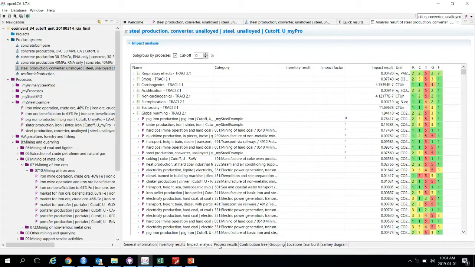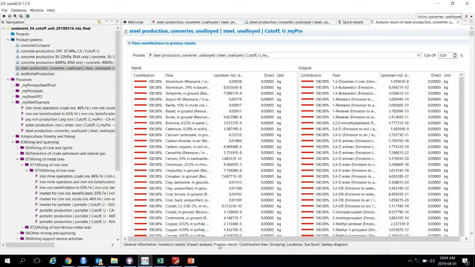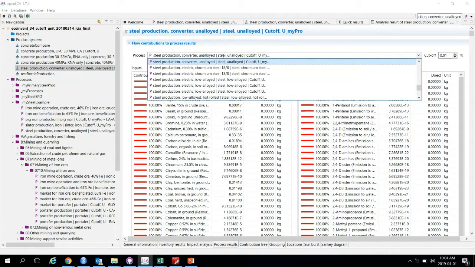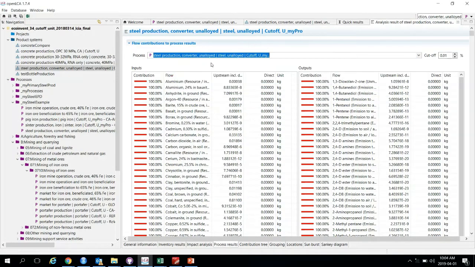If we go to process results, what this is showing is that you can select a process, an activity in your system, in your database, whether it be foreground or background. There's no differentiation, but right now it's on the focus process, and you can see 100%. So what does that mean?